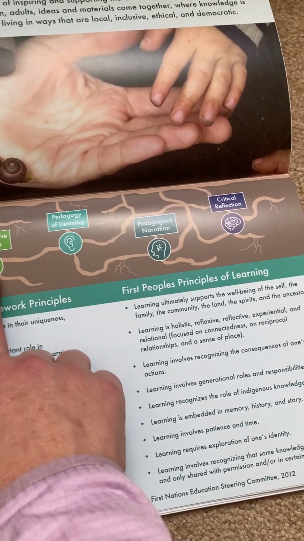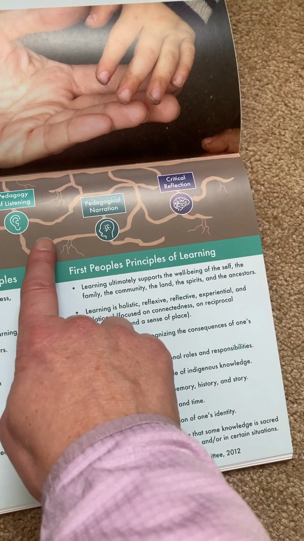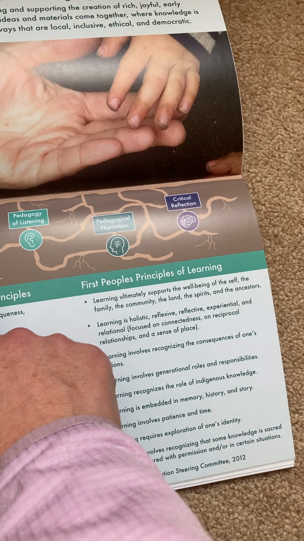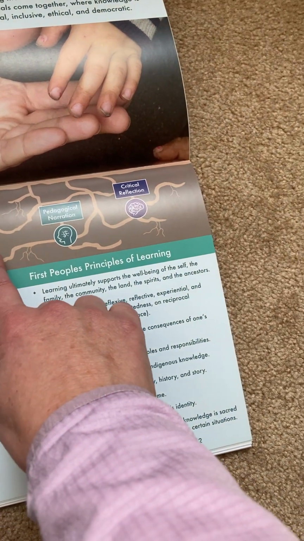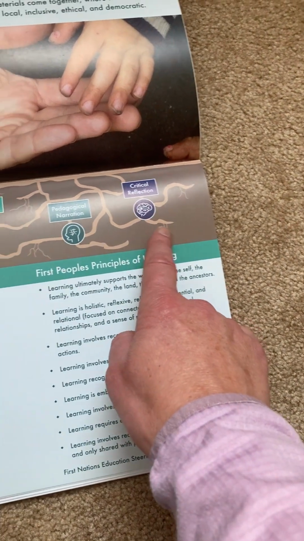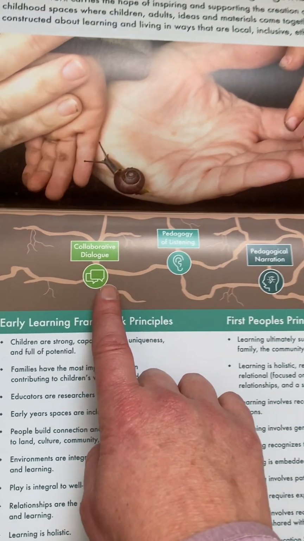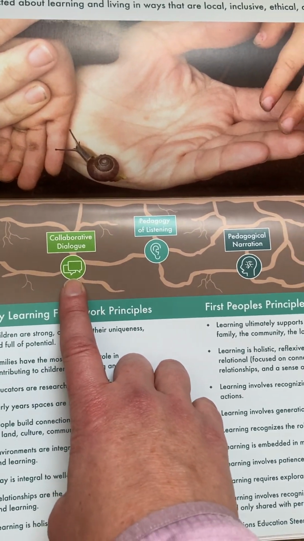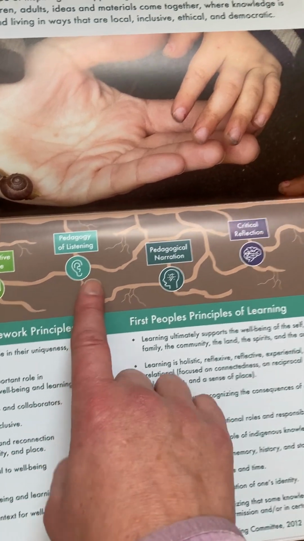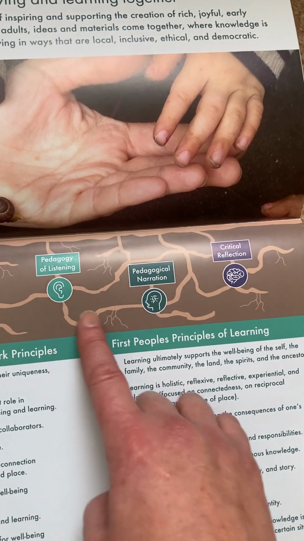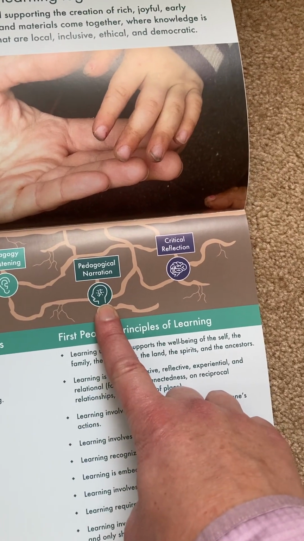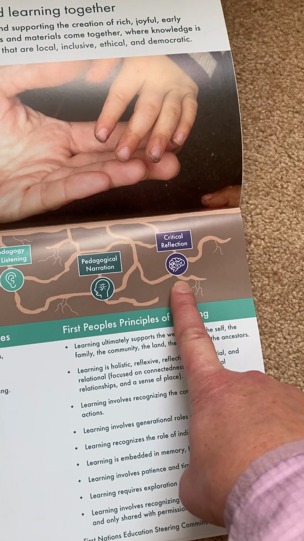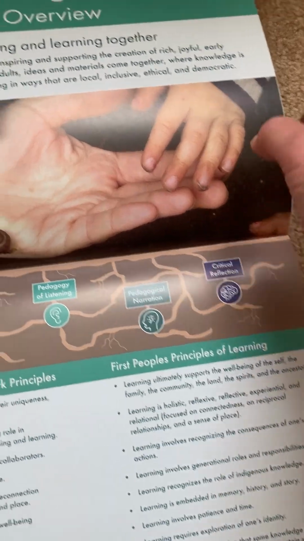And then up above, we have something that represents the roots of the BC Early Learning Framework: collaborative dialogue, a pedagogy of listening, pedagogical narration, and then critical reflection.